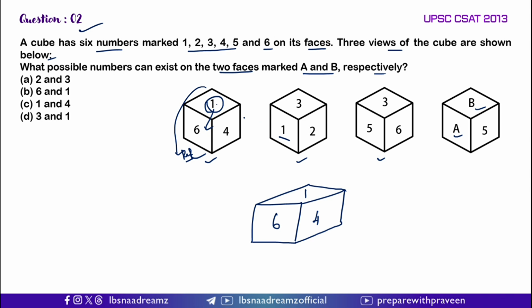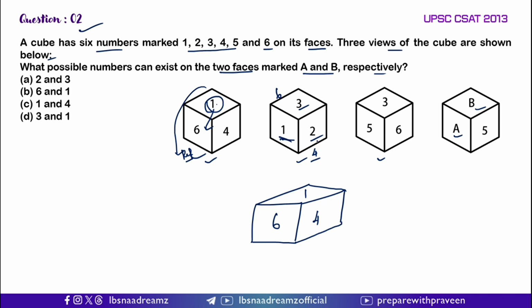Okay, so 1 has come here, 3 comes to the top and 2 is in this side. So 4 will be in the bottom. If 4 comes to the bottom, 6 will be here.